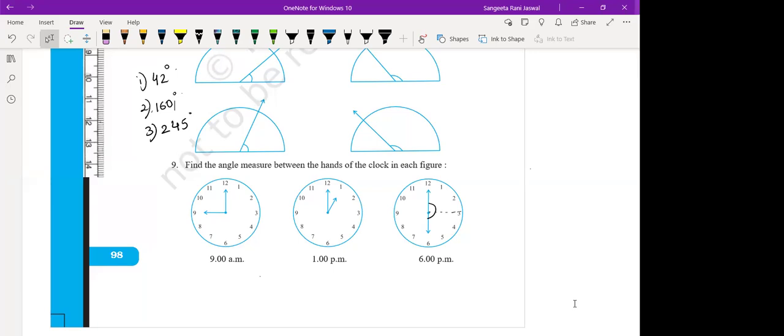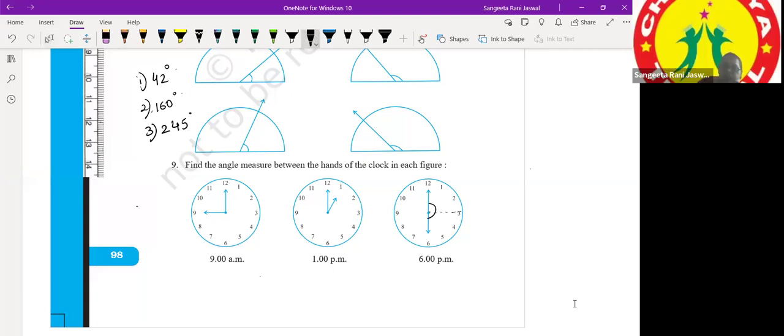Ma'am, I didn't understand how to make 245 because I only have 180 on mine. See here, you have a protractor. Make a line here first. On the protractor, see this much part is 180 degrees, no? So from 180 degrees, now you keep your protractor here. How much will you measure? 245 minus 180 will be how much? 65.